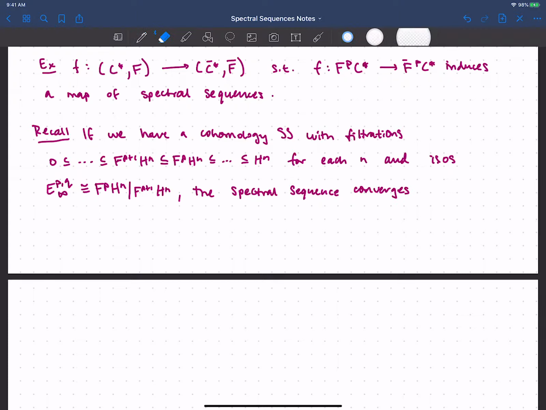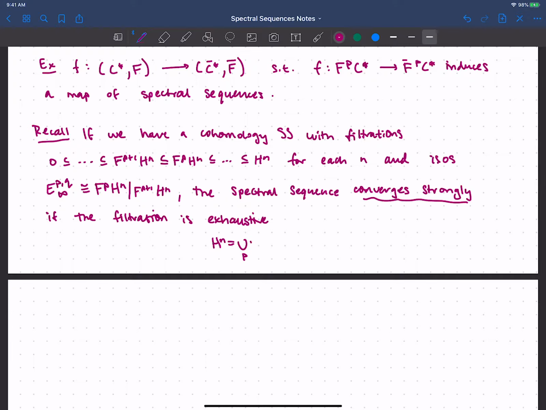So that was really Weibel's converges, or Boardman's converges strongly. If what? Well, we needed this filtration to be good, and it was good in 3 ways. So I'll remind you what those are. So if the filtration is exhaustive, and that's a really easy fix, just take the thing that you're after to be the union of all the filtered pieces.